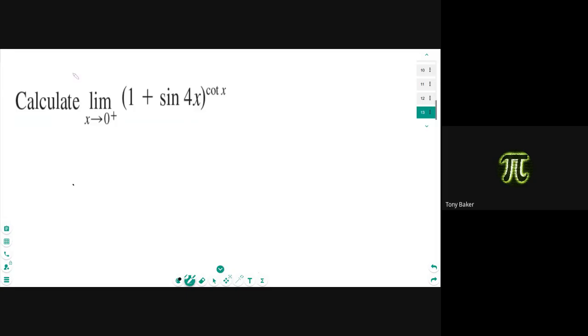So we're kind of stuck in that respect. What's the annoying piece of this problem? The cotangent x in the exponent. Because I have 1 to the infinite power.